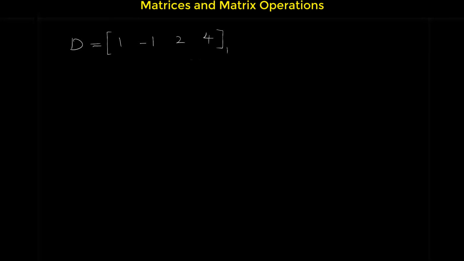So this is a 1 by 4 matrix. And because this matrix is only one row, sometimes we name it row matrix or row vector.